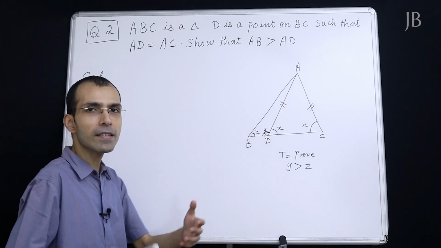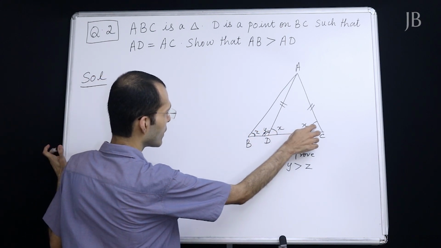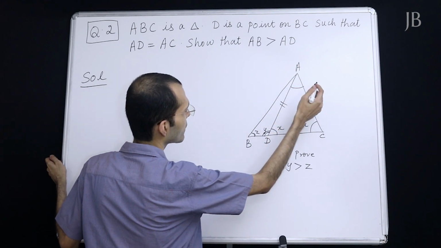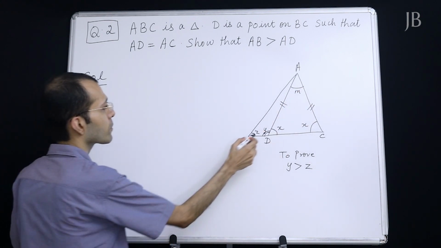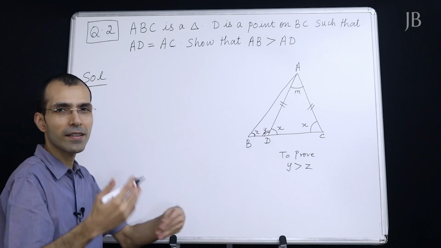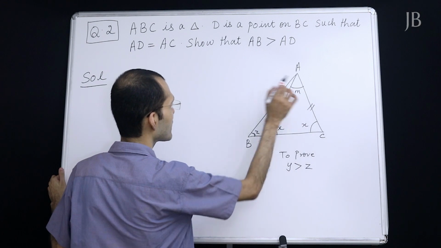Exterior angle is equal to the sum of opposite interior angles. So this Y will equal this x plus this angle. So let this be, say, m if you want. Okay. So this Y will equal x plus m. These angles we can go on marking as and when the need arises. Okay. So Y will equal x plus m.